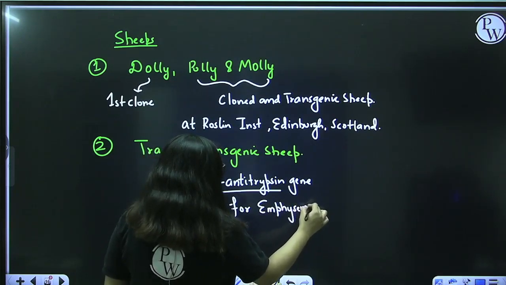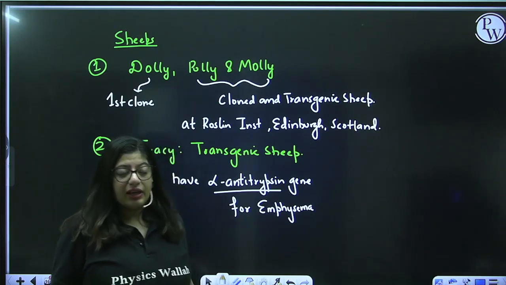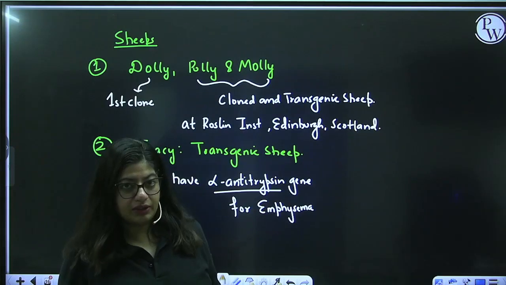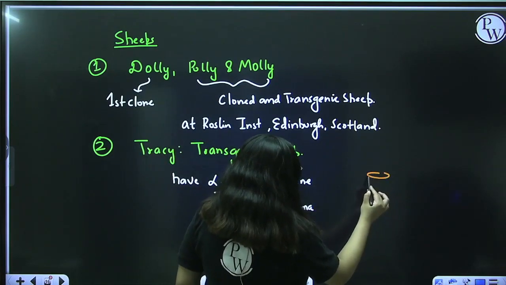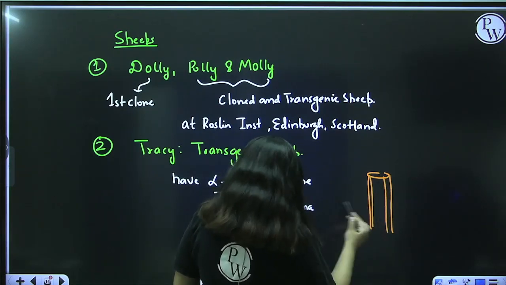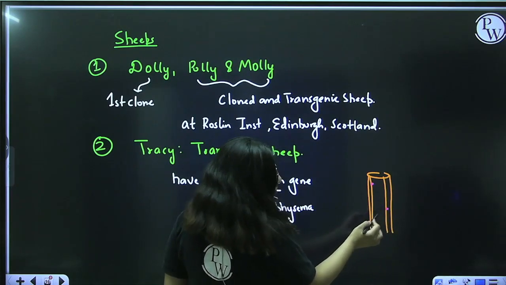You all must have heard of emphysema in your class 11 chapter on breathing and exchange of gases. Emphysema is a disease that occurs due to excessive cigarette smoking, right? When a person smokes, what happens to the wall of the respiratory tract?